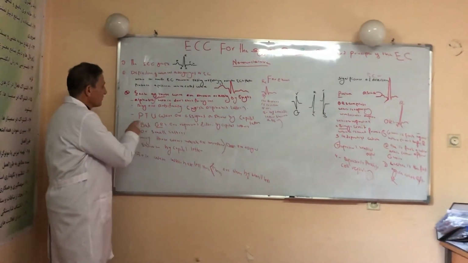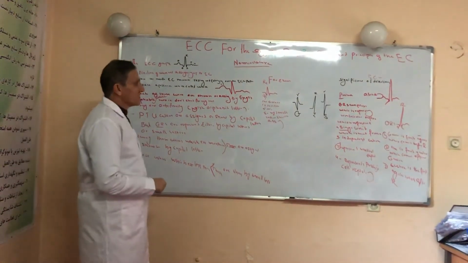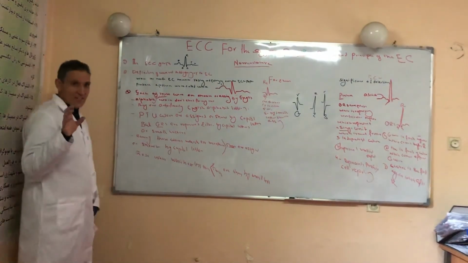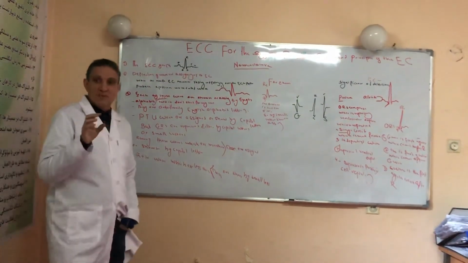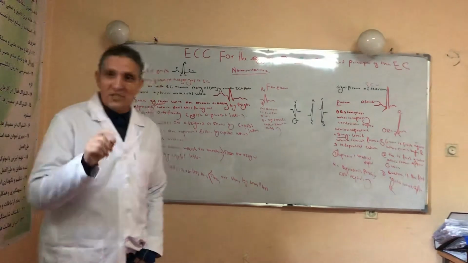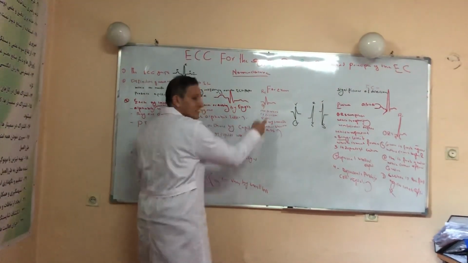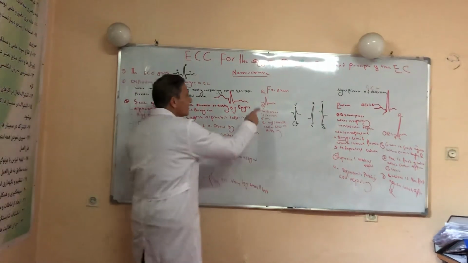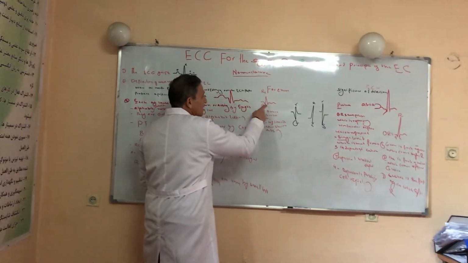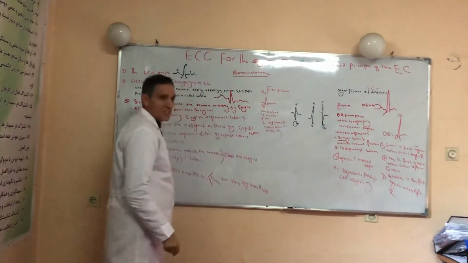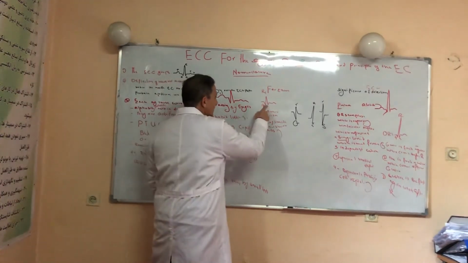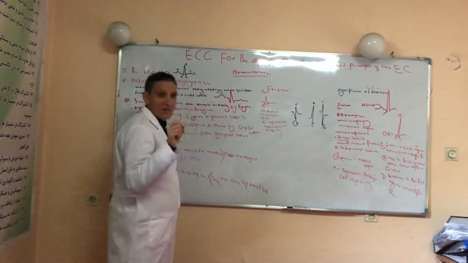But these three waves, P, T, and U, are represented by capital letters, while the QRS complex can be represented either by capital or small letters. As I mentioned before, this Q is smaller and this R is larger. If the Q wave is less than 5 millimeters, you should assign it a small letter.